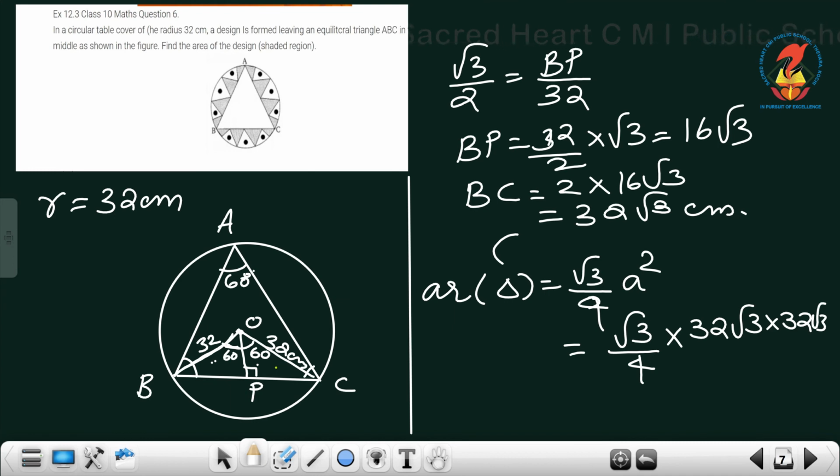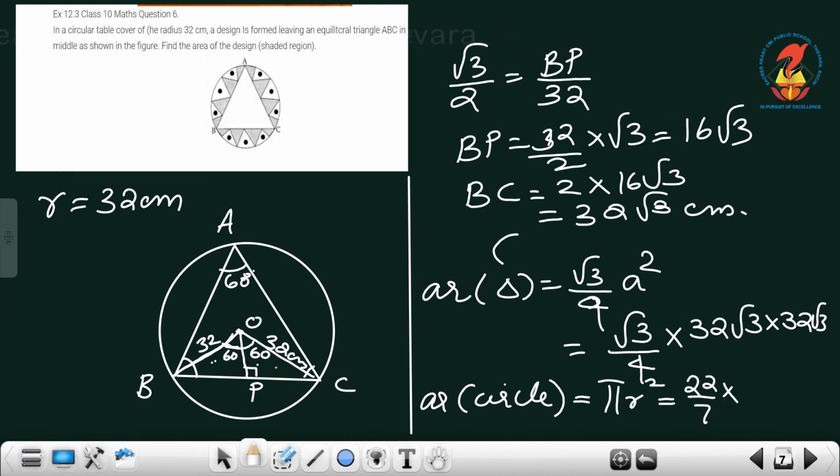In the same way, area of the circle is equal to pi r square. R is given, 22 by 7 into 32 into 32. So, you have to find the remaining part. What is the remaining part? The required area is equal to area of the circle minus area of the triangle, which you have to do as homework.